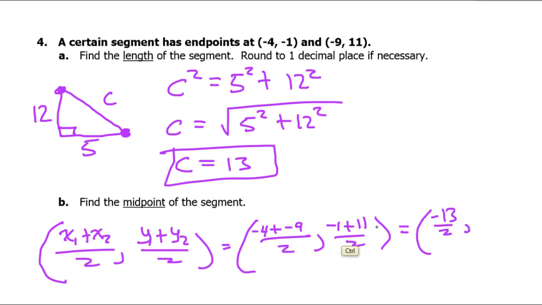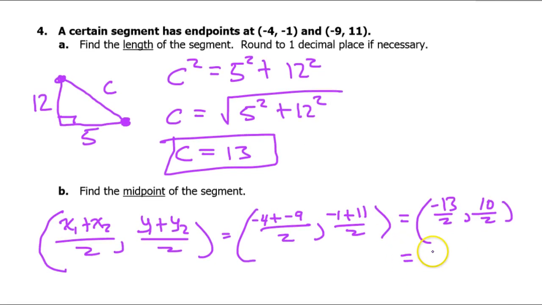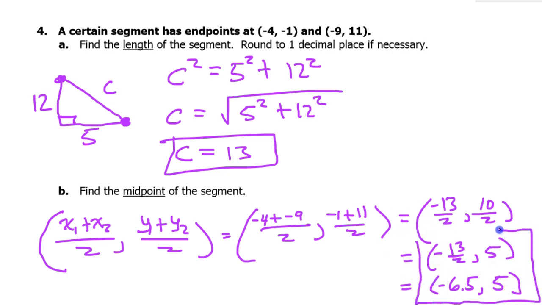And then -1 plus 11 is 10, divided by 2. If I didn't want decimals, I would have to leave this as -13 over 2, comma 5. If decimals are okay, then this is going to be -6.5, comma 5. Either one of these would be an acceptable answer.